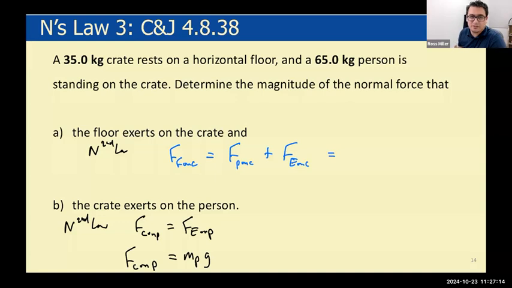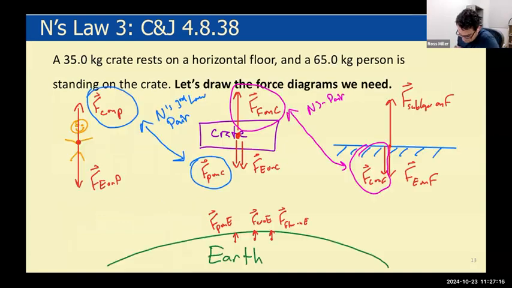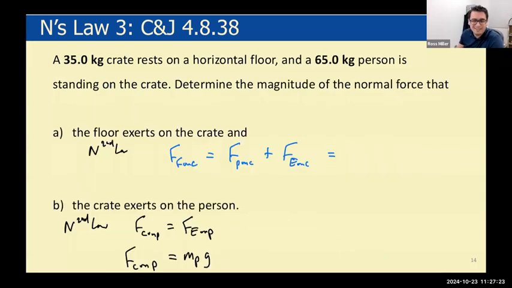So I think it's kind of easier to answer the second one first. So this is going to be M. So person on crate is, so this guy is equal to the earth on the person by Newton's third law. That's not true.